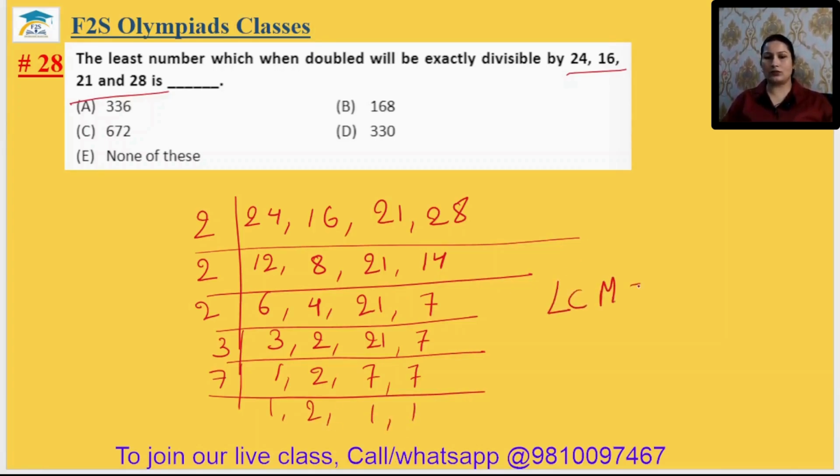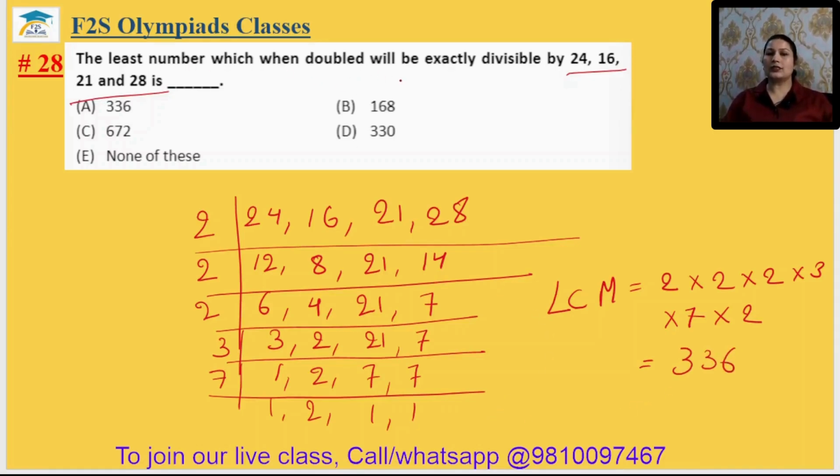LCM equals 2 multiplied by 2 multiplied by 2 multiplied by 3 multiplied by 7 multiplied by 2. So its LCM will be 2 2s are 4, 4 2s are 8, 8 3s are 24, 24 7s are 168 and 2 168s are 336. Okay.